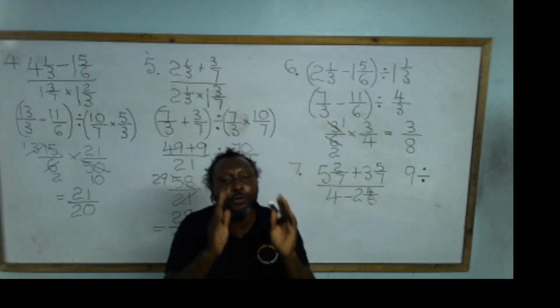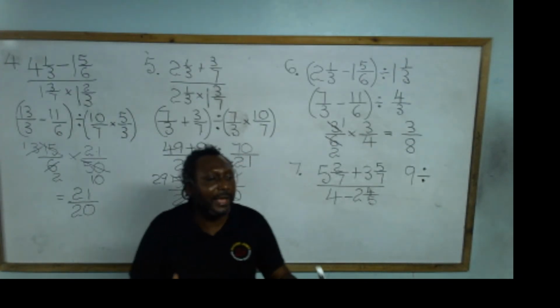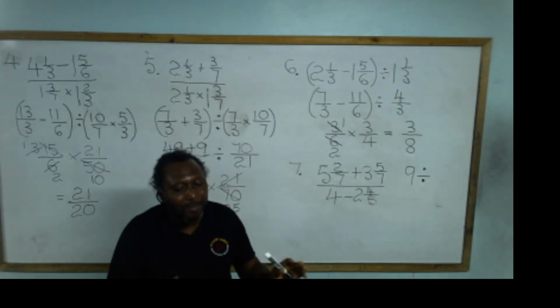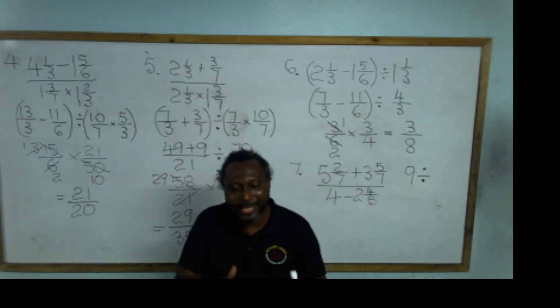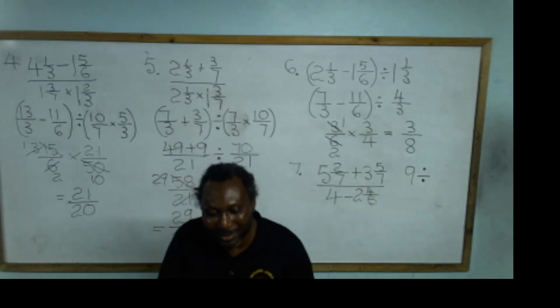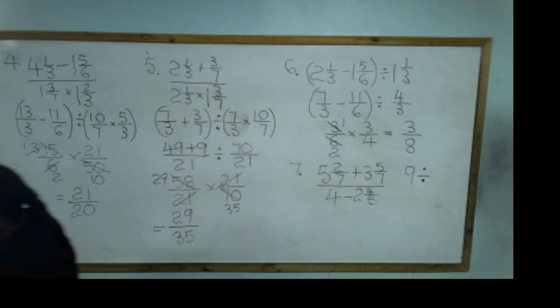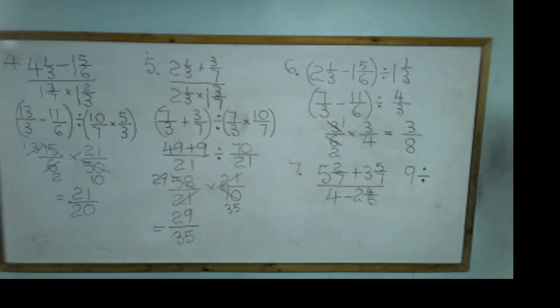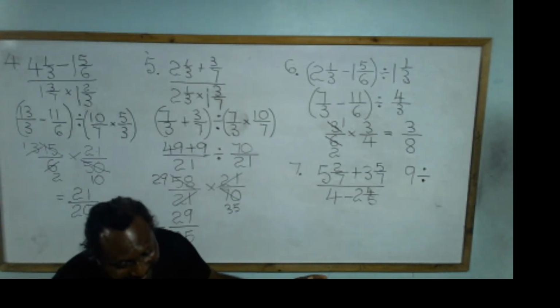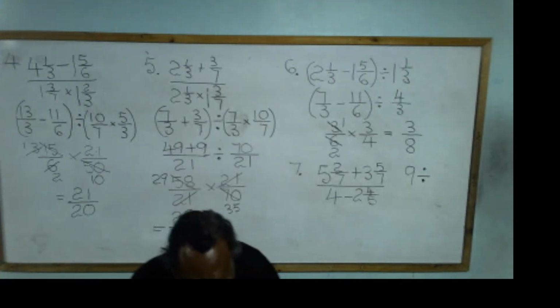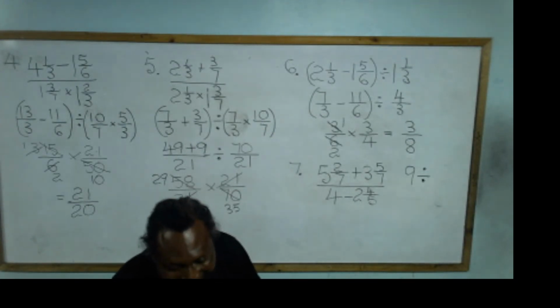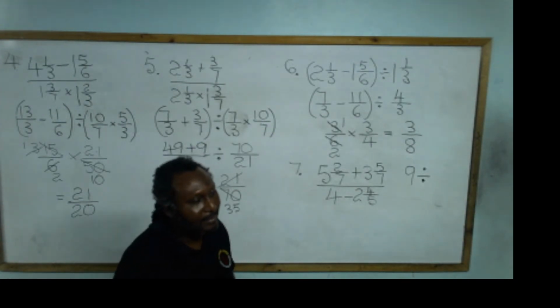If you have 4 cakes and you take away 2 cakes, how many cakes will be left? Nice, very nice. So we see 2 cakes are left.